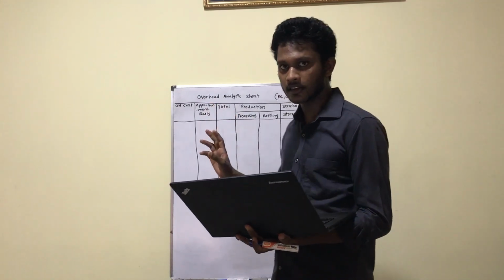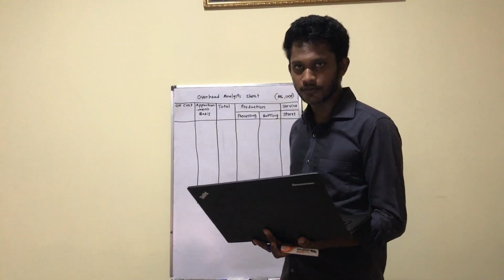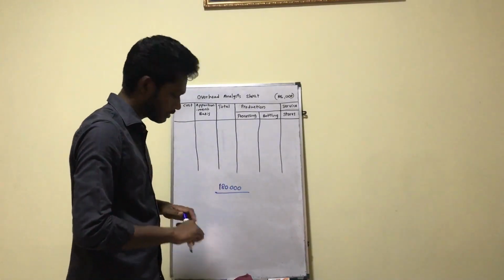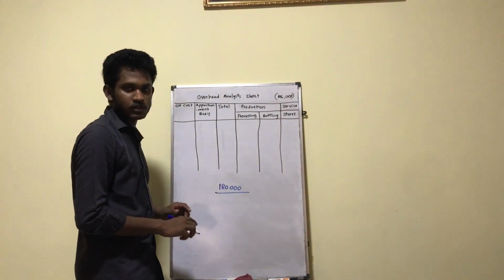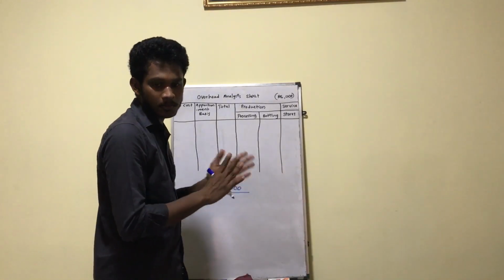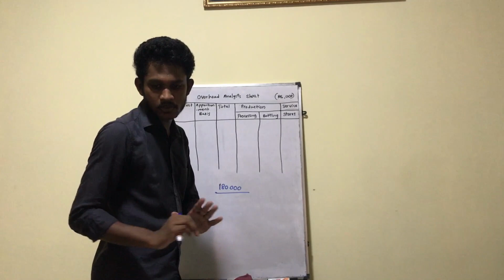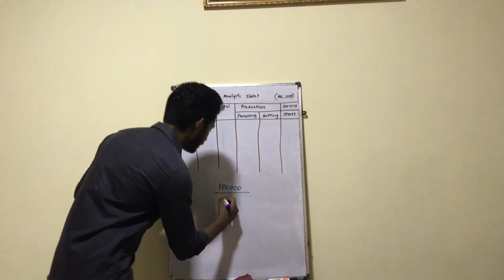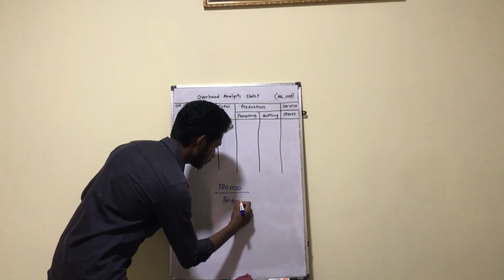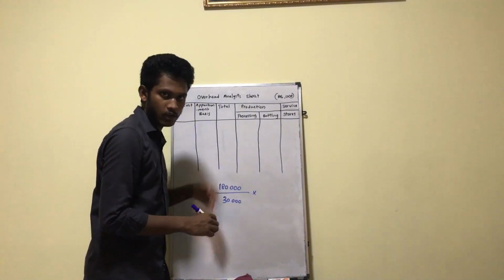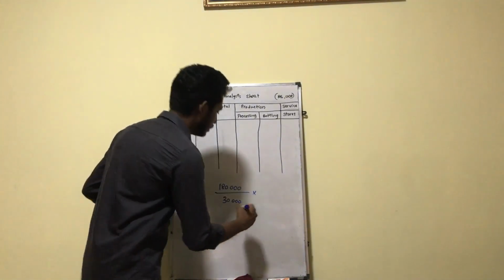So you have to allocate the total rent expense based on the floor area on a pro rata basis. I will do the first one for you. The total floor area is 12,000 plus 18,000, so altogether 30,000. We don't need to consider the stores division here. So you have to divide by 30,000 and multiply by 12,000 and 18,000 respectively.